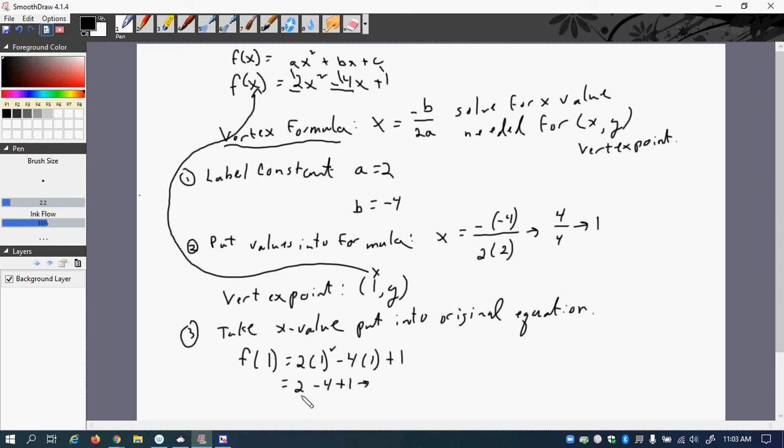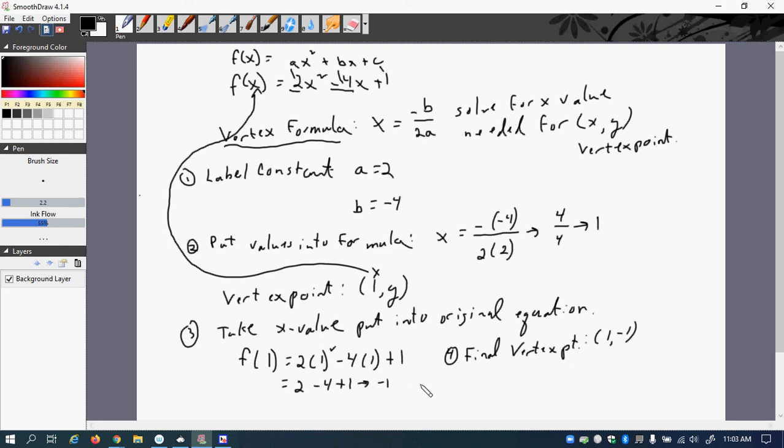And so 2 minus 4 is negative 2, and negative 2 plus 1 is negative 1. Okay, and so now I have my final vertex point, which is going to be 1 comma negative 1.